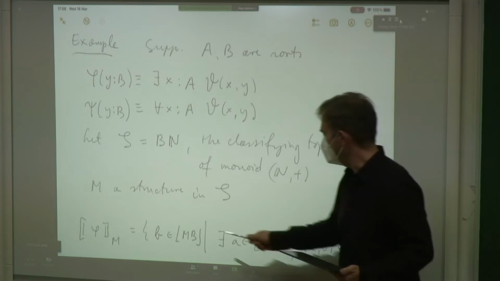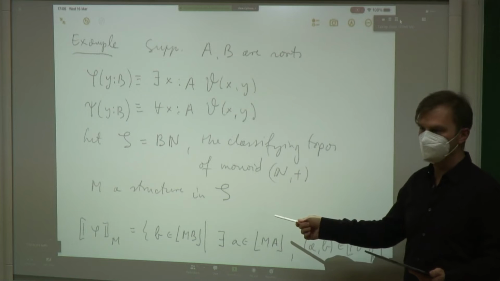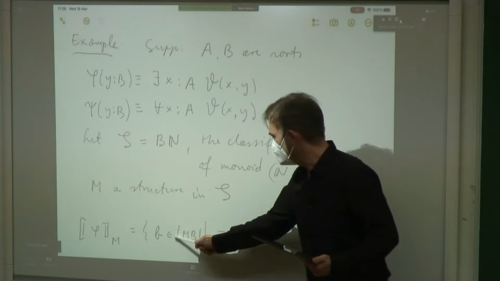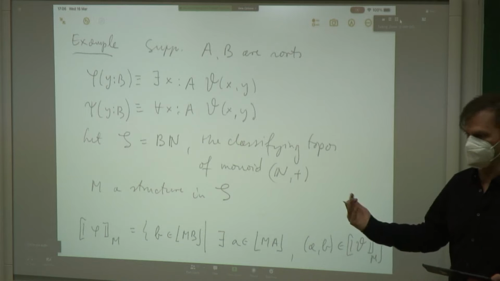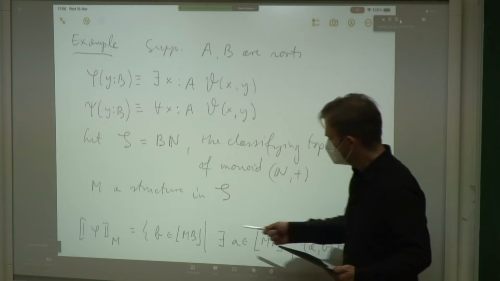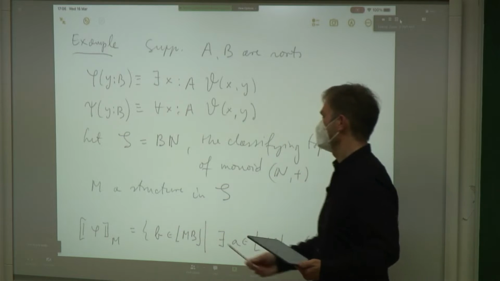Okay, so MB is going to be an action of N, and by this symbol I mean just the underlying set of that, forgetting the action. All right. So because it's an underlying set, I can speak of its elements.